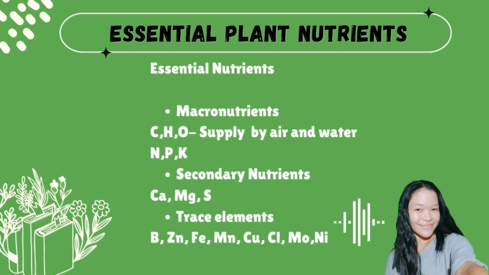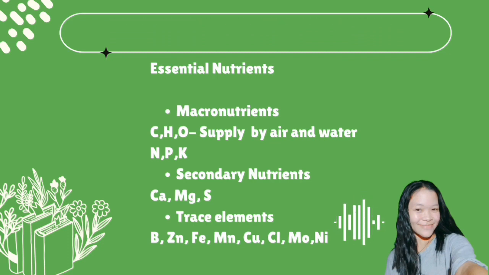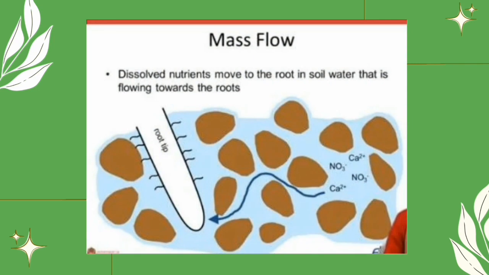Also, we have the air and water, the CHO: carbon, hydrogen, and oxygen, supplied by air and water. We have also the secondary nutrients like calcium, magnesium, sulfur, and also the trace elements: boron, zinc, iron, manganese, copper, chlorine, molybdenum.